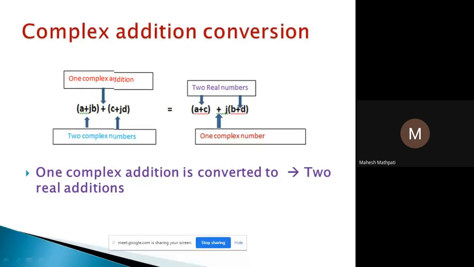Diagram you have taken. The complex addition conversion we are doing here: we are just converting two complex numbers into real additions and real numbers. So everyone has taken this diagram, or does anybody still wish to take it?